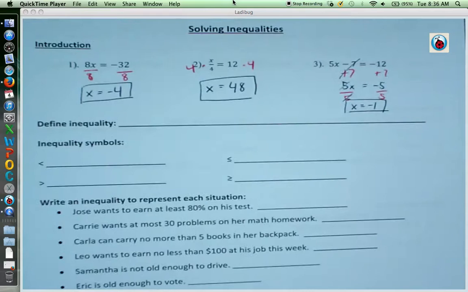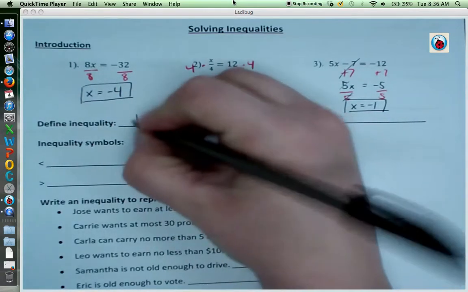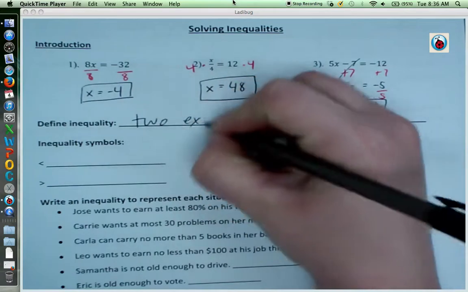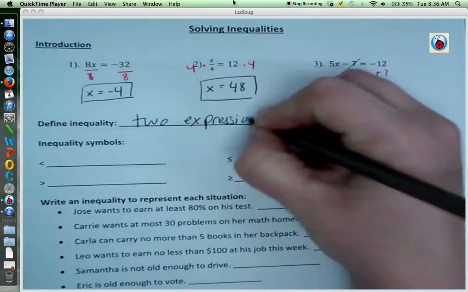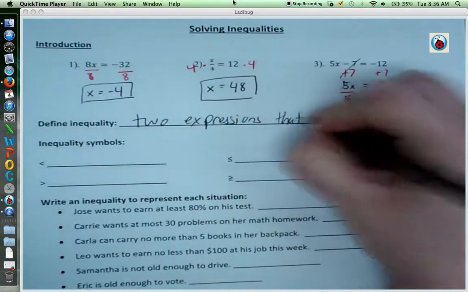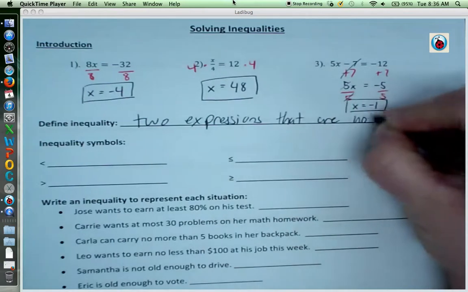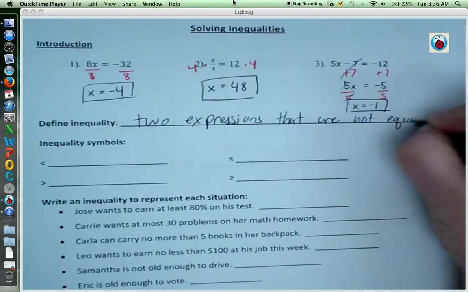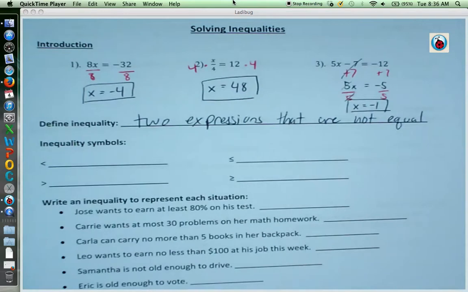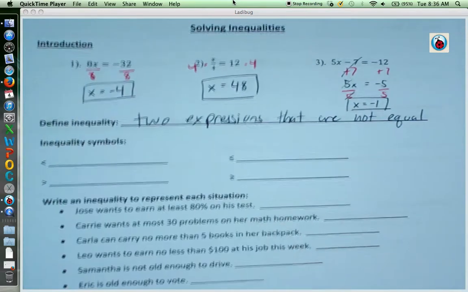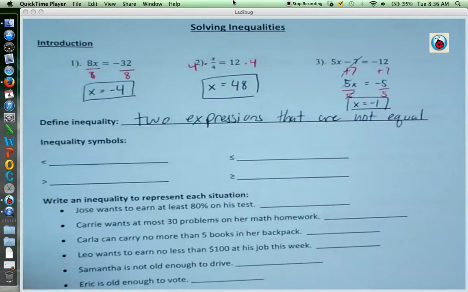Well, what is an inequality? An inequality means 2 expressions that are not equal. Equations have expressions that are equal to each other. Expressions means any combination of numbers, variables, and operations.